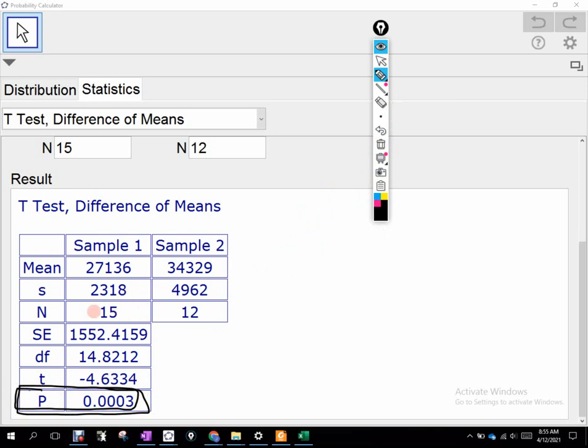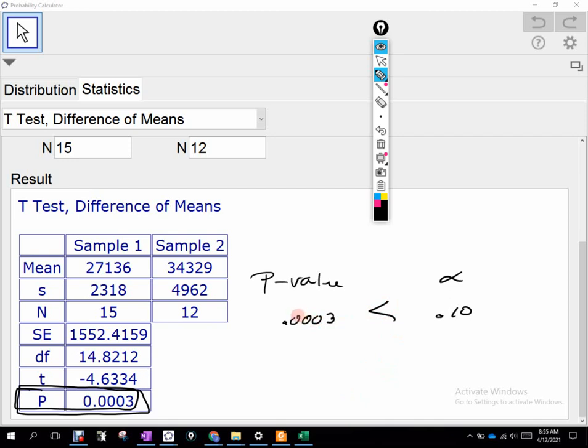This other stuff has its place. It's important to us. But the reason the p-value is so vital and useful is that if I take the p-value and compare it to alpha, our p-value is 0.0003. Our alpha was 10%.